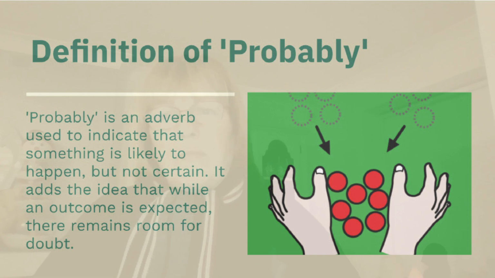So when you use this adverb, you're saying it's likely to happen. Oh, I don't know, I'm not certain, but it's likely. So we're using the word probably. So this is an extra bit of information, and it means that it might not happen after all.